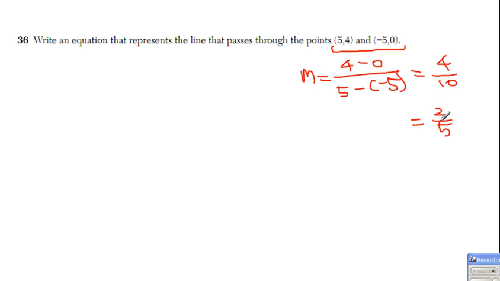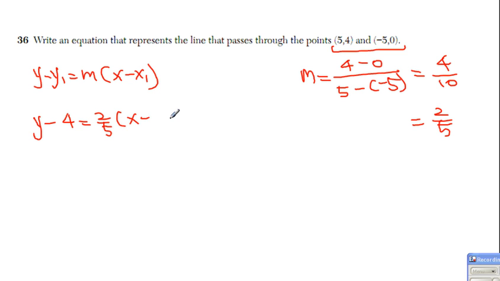Now, since we know the slope, technically the easiest way would have been using y minus y sub 1 equals m, the slope, times x minus x sub 1. If we use that, that would be the easiest way to get our answer. So we have y minus y sub 1, which is 4. And the slope was 2/5.